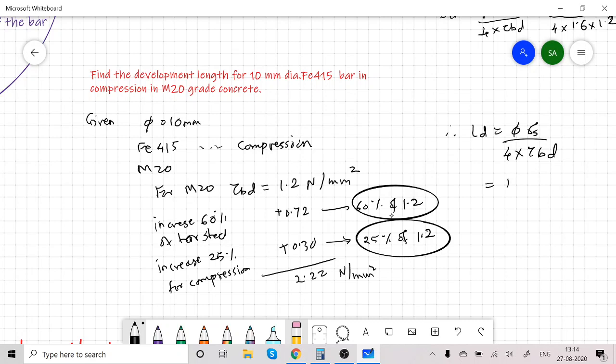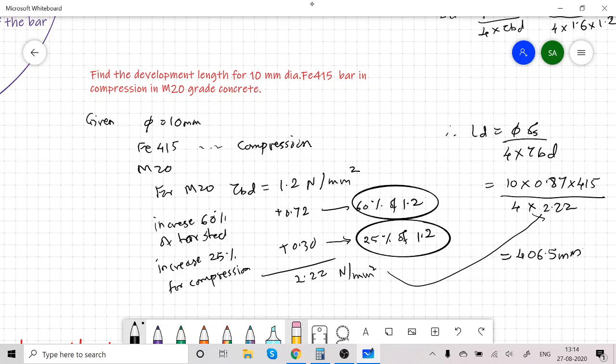Now phi is 10, into 0.87 Fy, divided by 4 into 2.22. This is the corrected value of bond stress considering it is tor steel and under compression. So LD we get 406.5 mm. Likewise we can calculate the value of LD.